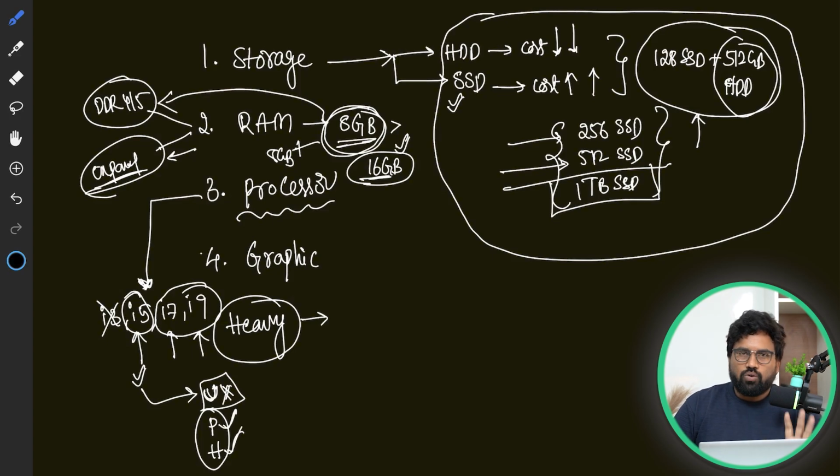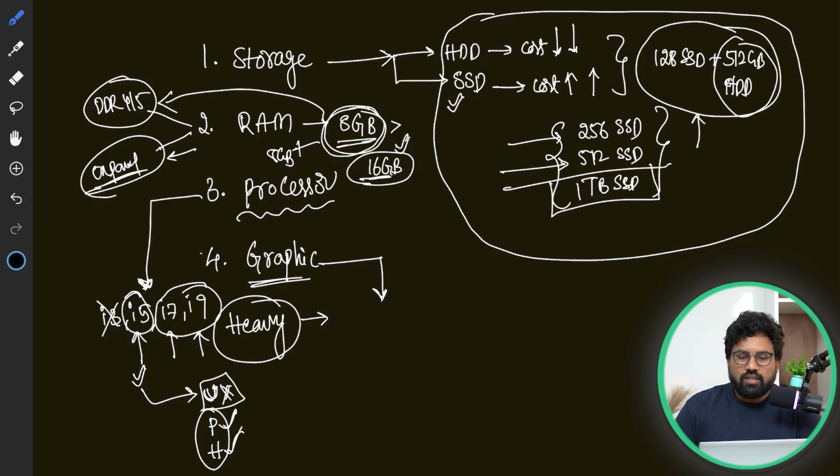So in the processor I have told you, and there are Ryzen processors also which are equivalent to this i5, and all processors you can go with. And next, graphic card. A graphic card is not required for regular users as well as programmers.